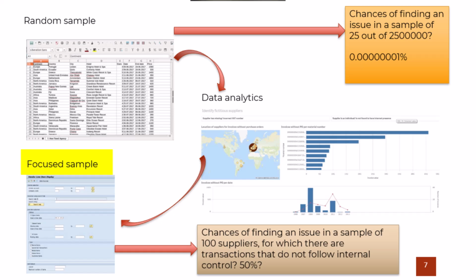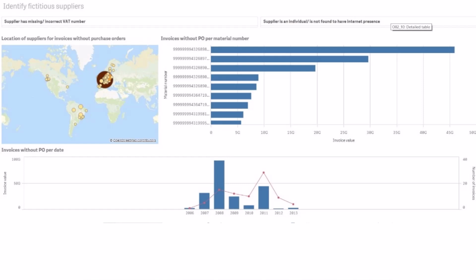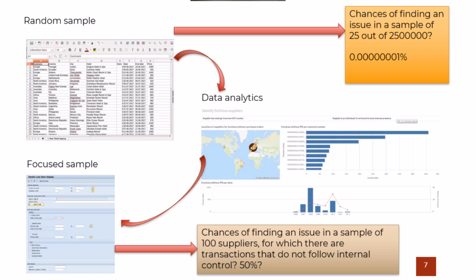Here we've got a little dashboard about fictitious suppliers and those that don't actually have a purchase order, and where are they? Once we find those suppliers on a dashboard, we want to check in SAP to verify what it is that we found. So we have a higher chance of finding an issue, and the SAP T-codes are going to help us verify our focus sample.